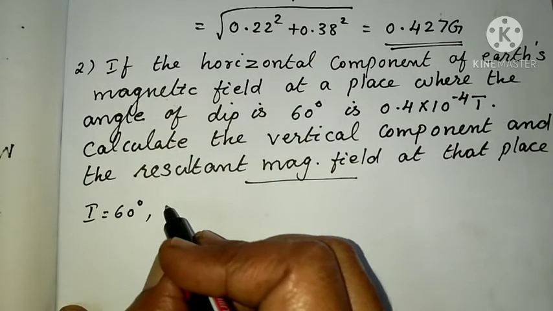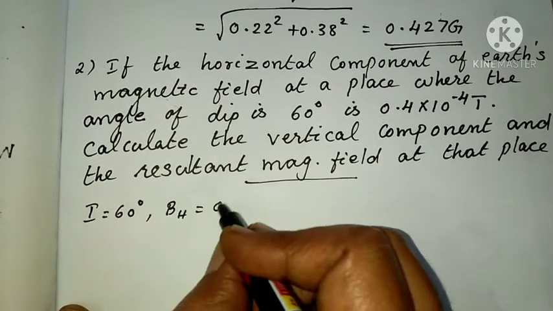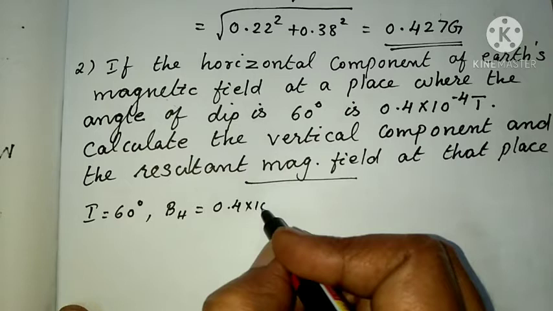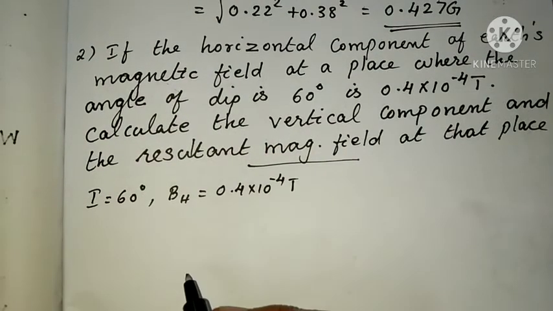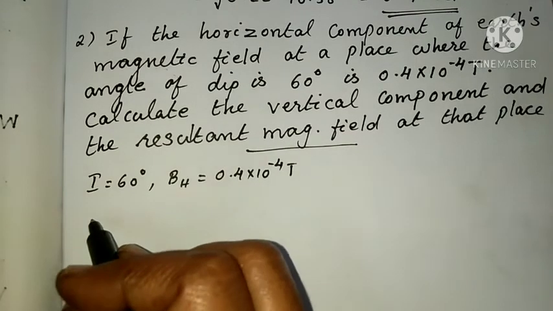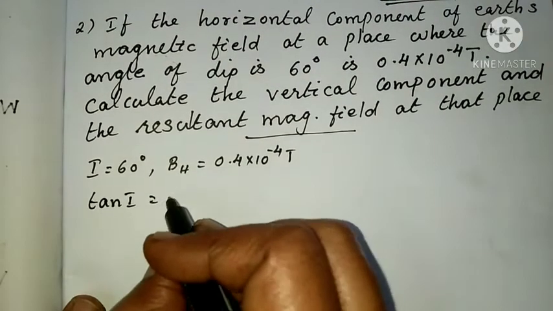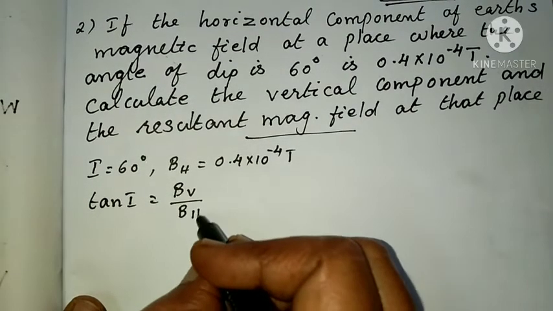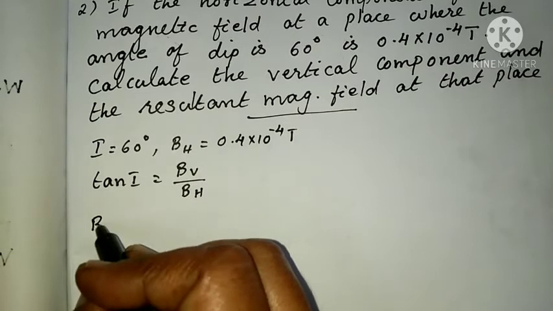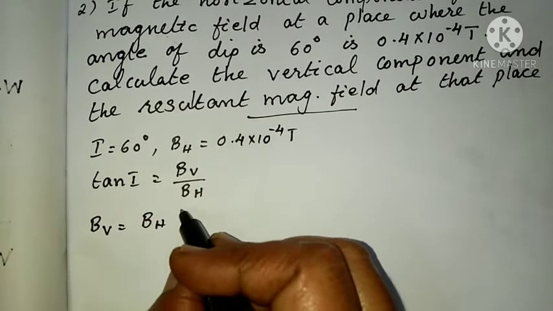Then horizontal component BH equal to 0.4 into 10 raised to minus 4 Tesla. Then you want to find out the vertical component from the relation tan I equal to BV by BH. That is BV equal to BH tan I.